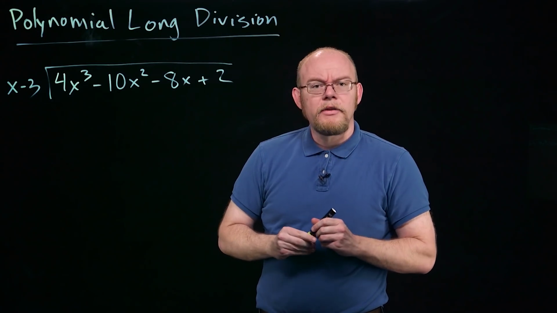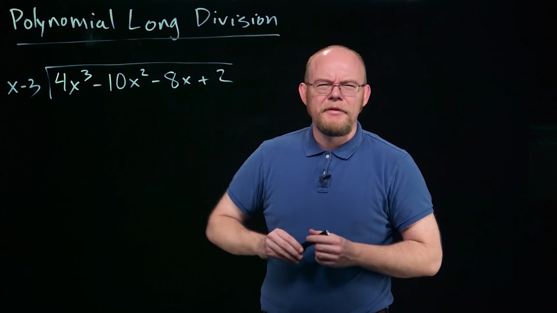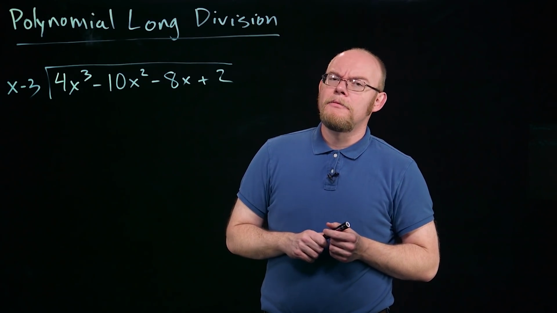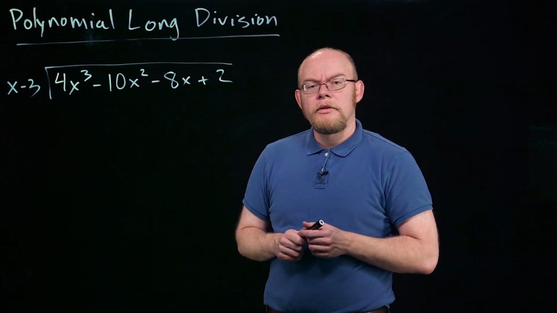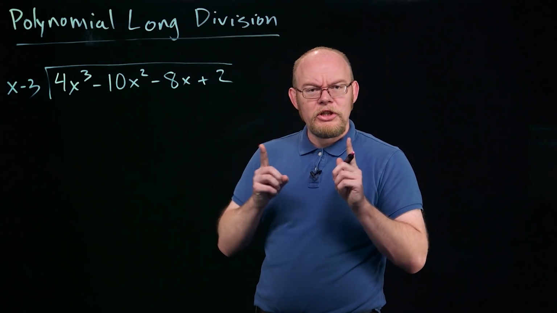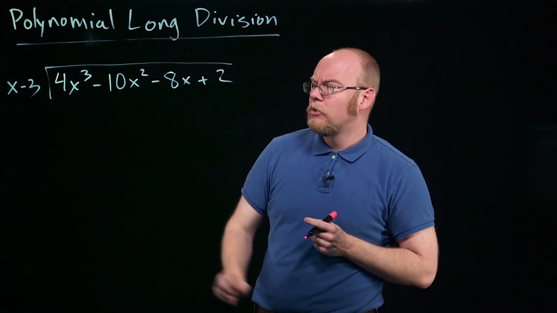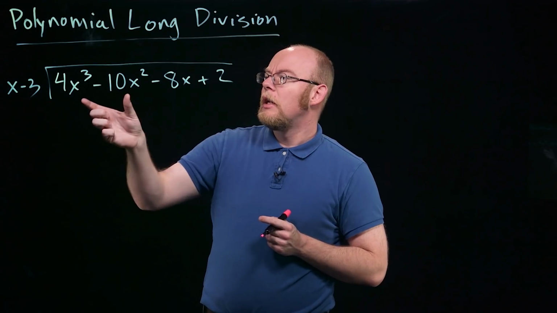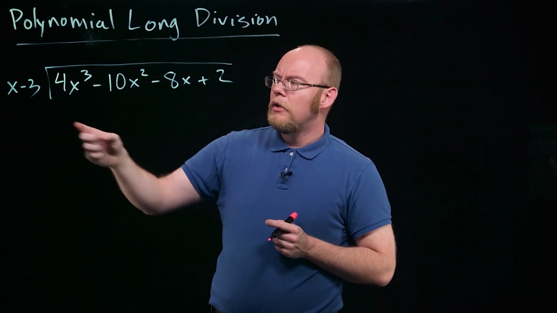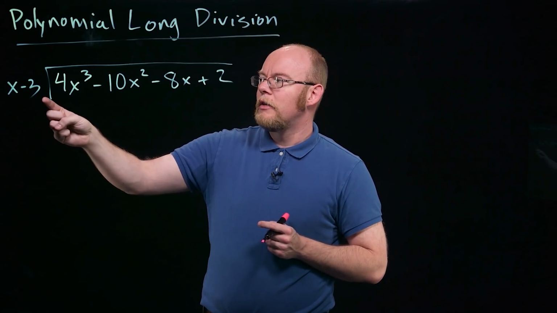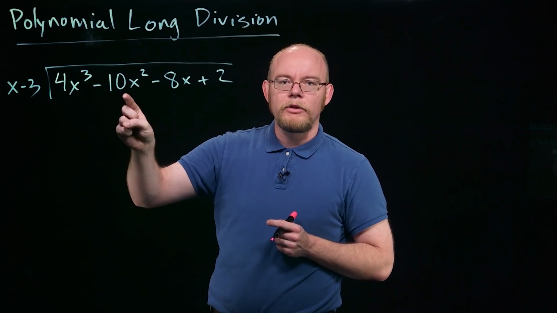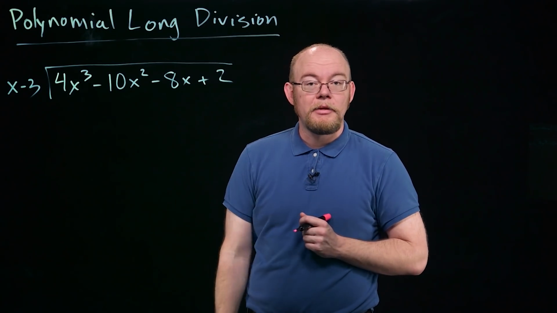So the way we do that is as we did before. We needed to divide an 11 into a 14, and we had 2 digits, so we needed 2 digits. In this case, we have 2 terms, and we need 2 terms, okay? And notice that this has 1 power of x greater than this term, so they're going to line up nicely.